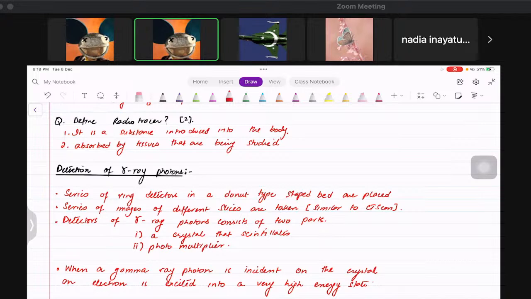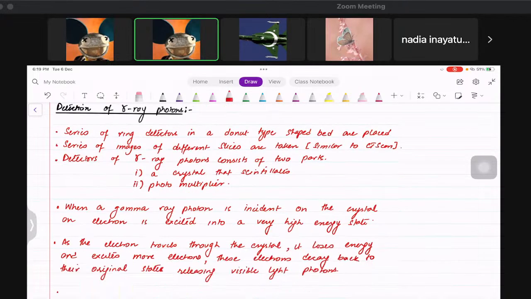Now, the photons produced by the scintillators are then converted into electrical signals by the photomultiplier tube.